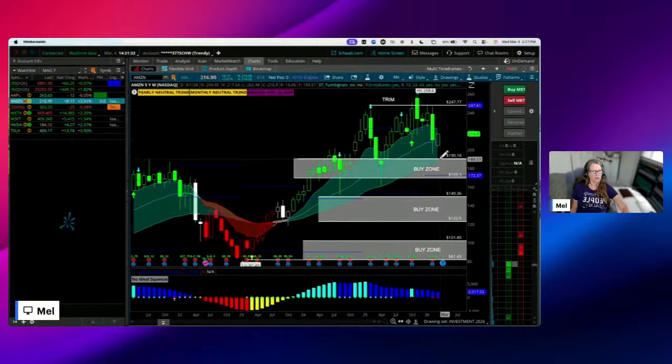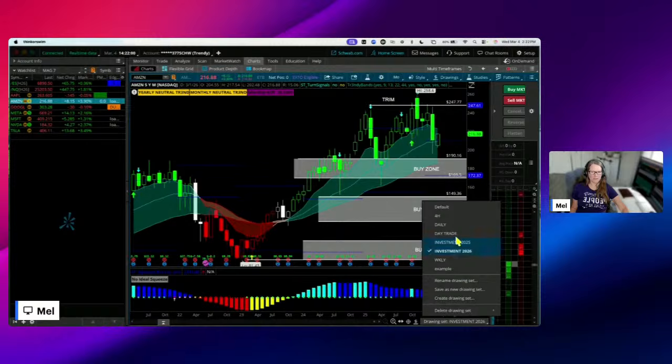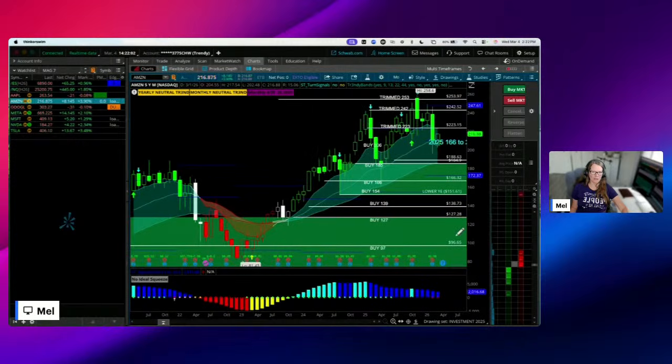As far as where I'm looking to buy the dip long-term for Amazon, whether that is with LEAP type options out 12 months or more, that is going to be 190 to 169 and a half, then 149 to 122, and 101 to 81. These are my buy zones. And again, believe me, I had zones that did not seem like price was going to pull back there in 2025.